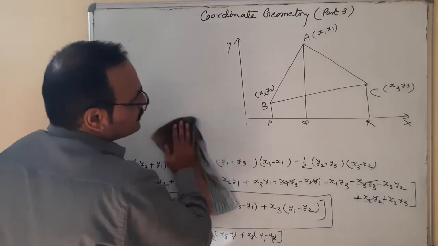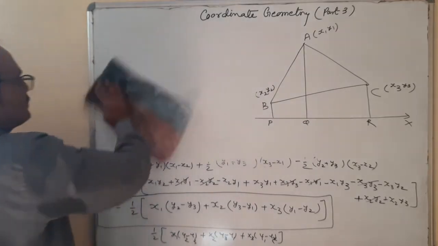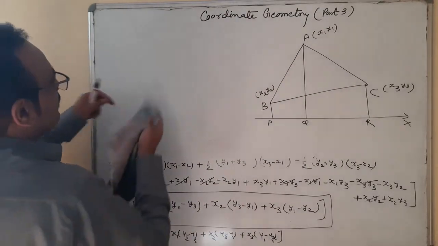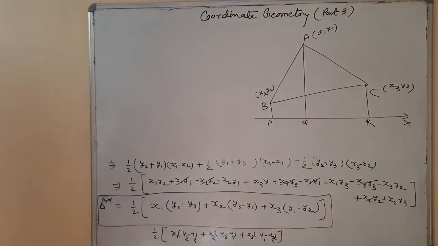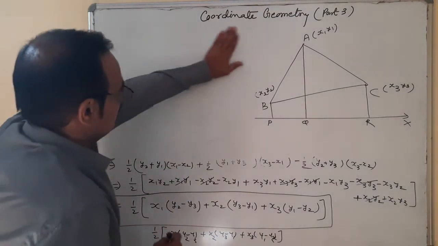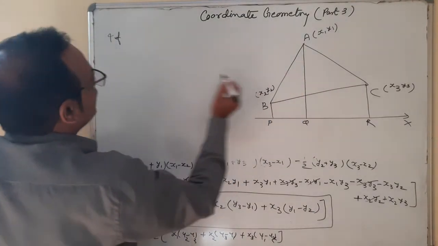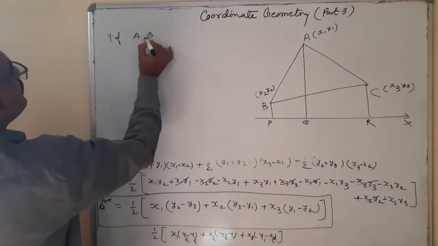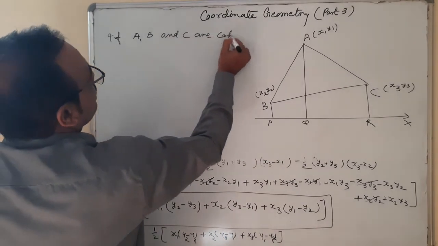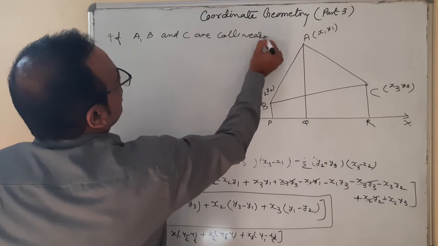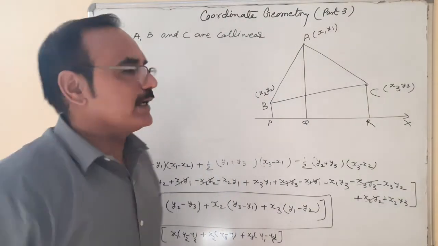You can imagine if these 3 points A, B and C are collinear, then which possible condition do we have? If these 3 points are collinear, what happens? Collinear, what does it mean? They are coming in a straight line like this.